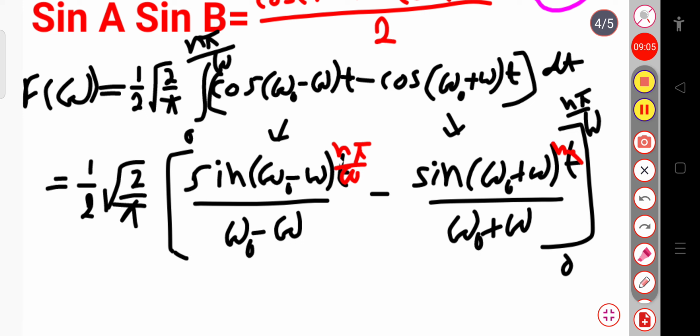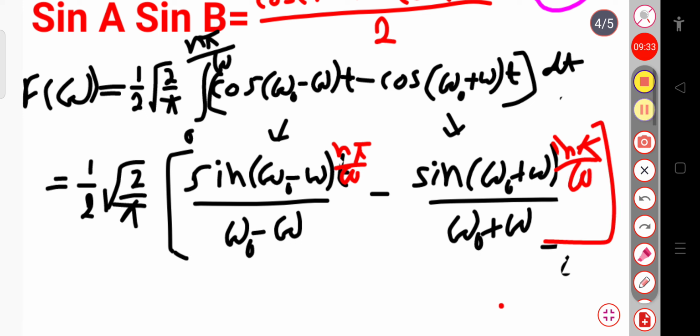We have already substituted the limiting value.